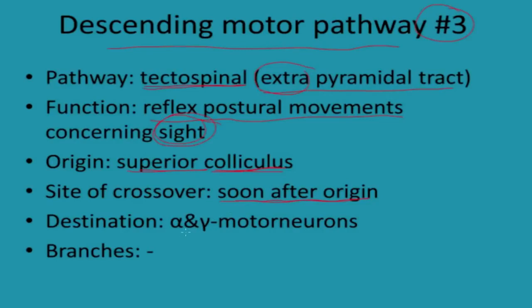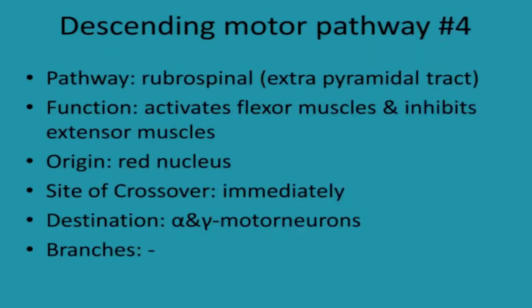Its destination is the alpha and gamma motor neurons, and it gets to these motor neurons by traveling to the upper cervical segments of the spinal cord, where it terminates upon synapsing with the internuncial neurons. This tract does not give any branches.